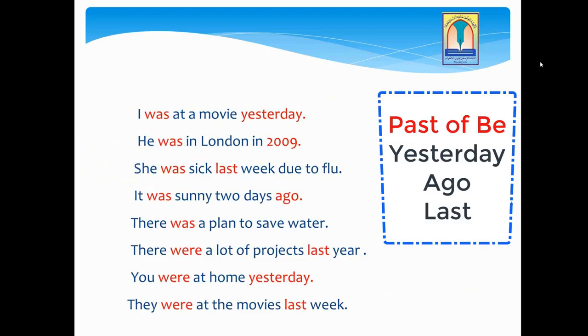As we see in these sentences, we have the verbs was and were. Was and were are the past of the main verb be. They are used when we want to refer to a past factual state. Also, time expressions such as yesterday, ago, and last help us figure out that these verbs are in the past.